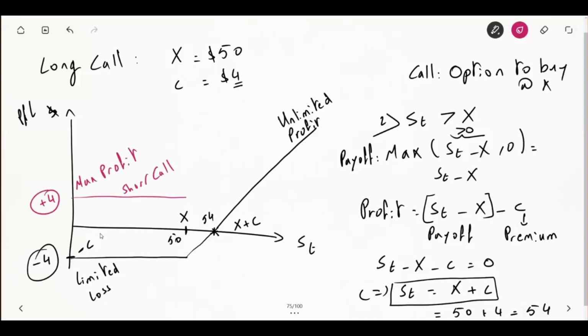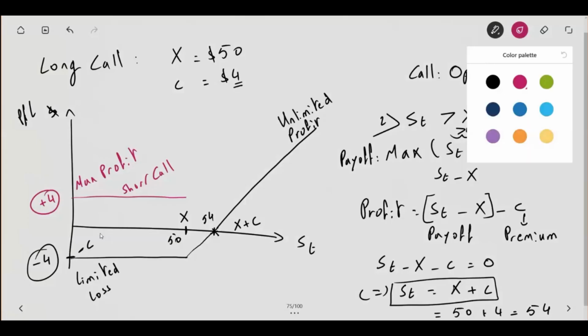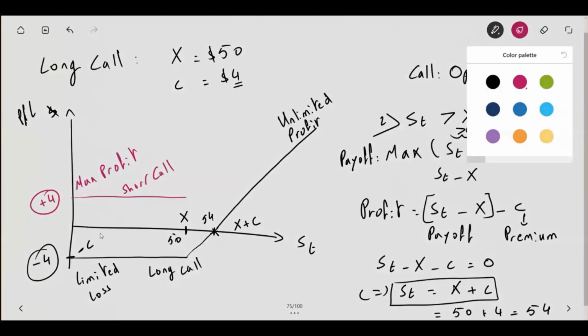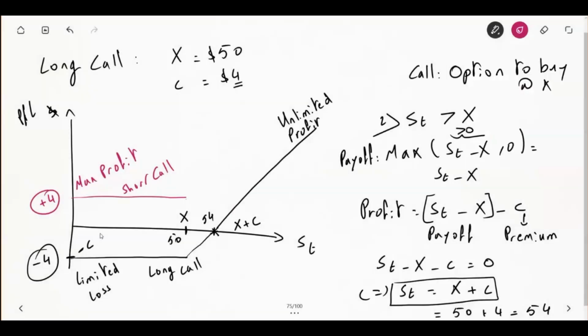Now, once we hit the strike price, once the stock price is at or above the strike price, the party with the long position will decide to exercise. So this is here the party with the long position. So at this point in time, the party with the short position will start losing part of the $4.